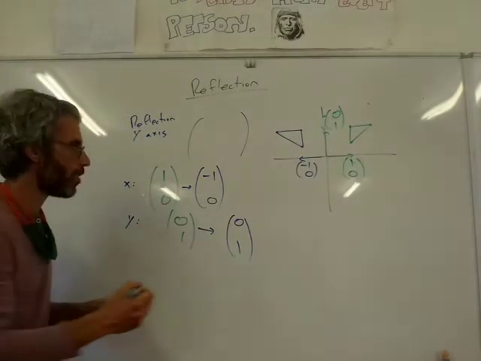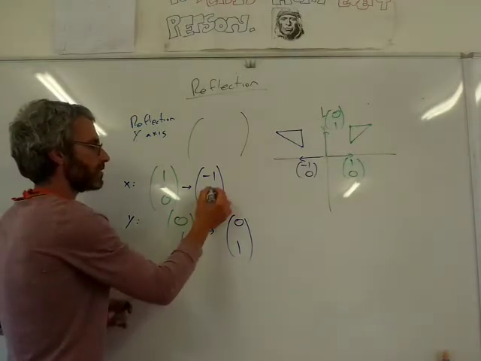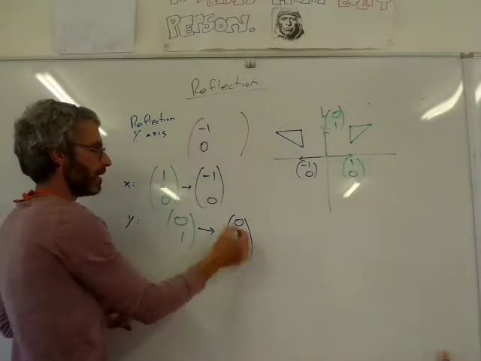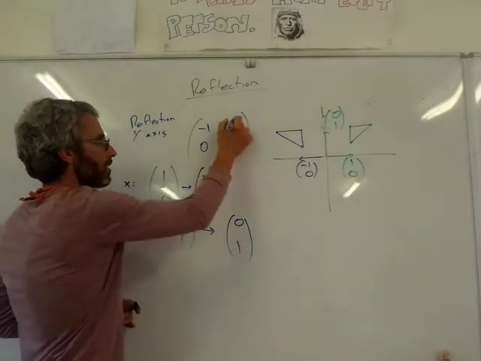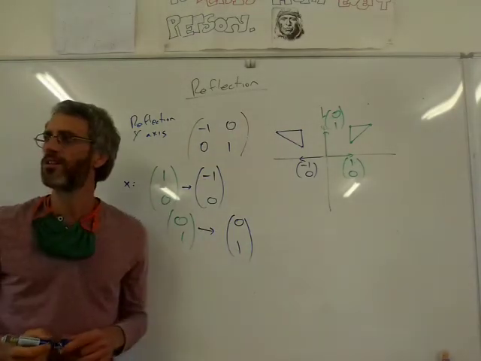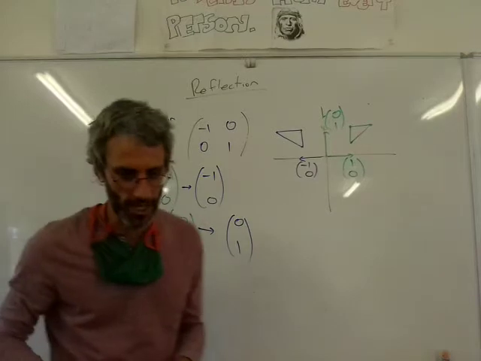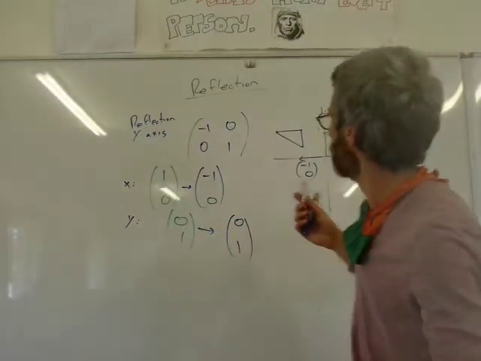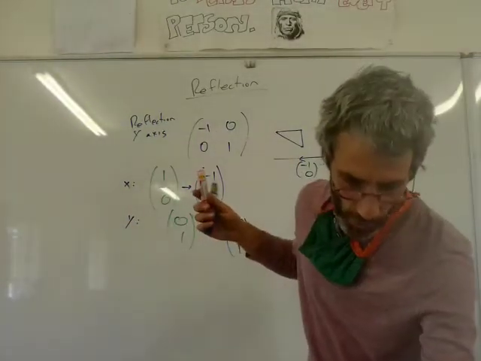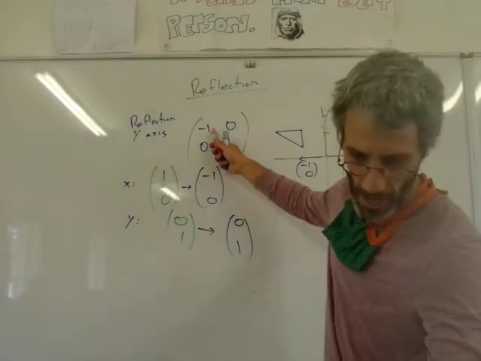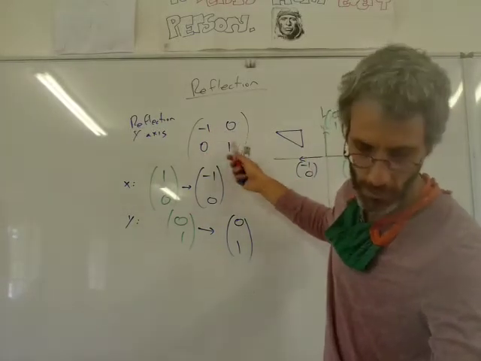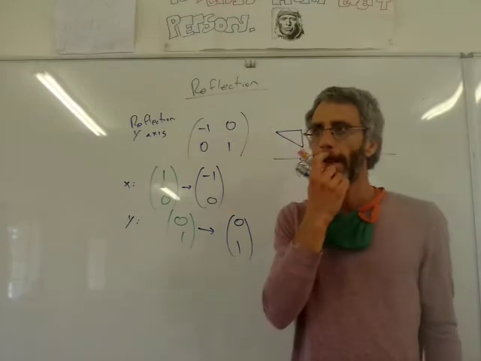All I've got to do now is take that column, write it like this, take that one above, and voila. And check, you can check with me on page 151, reflection over the y-axis: negative 1, 0, 0, 1. So we got it right.